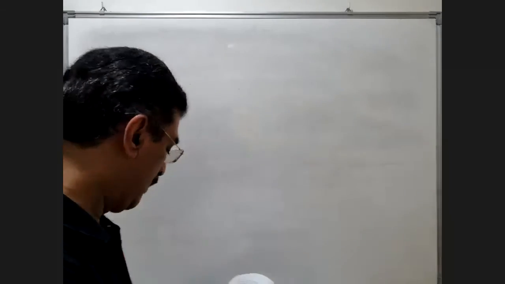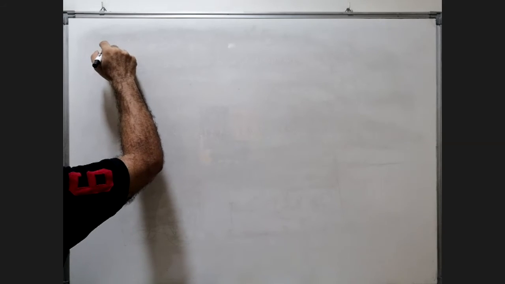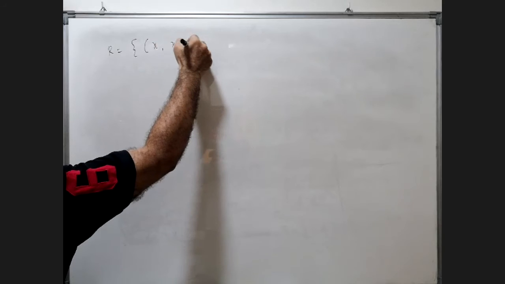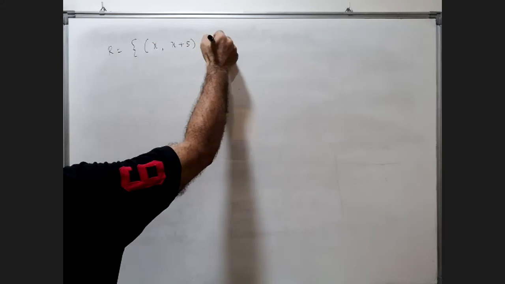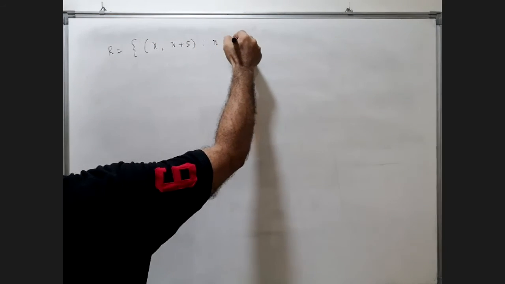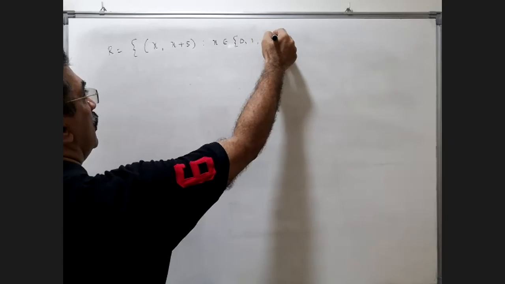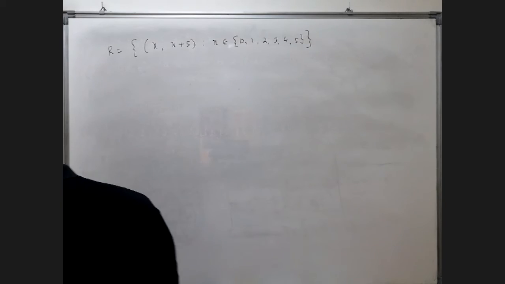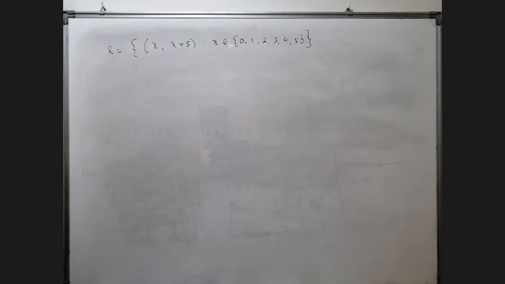We have the relation R defined as R equals the set of ordered pairs (x, x plus 5), where x belongs to the set {0, 1, 2, 3, 4, 5}. The question is to write the domain and range.